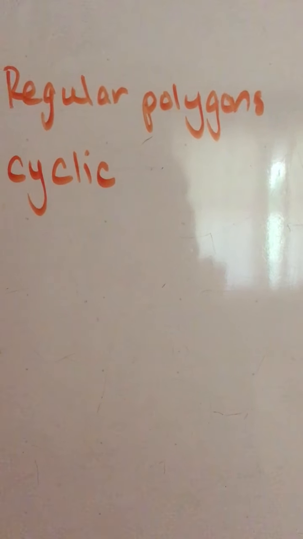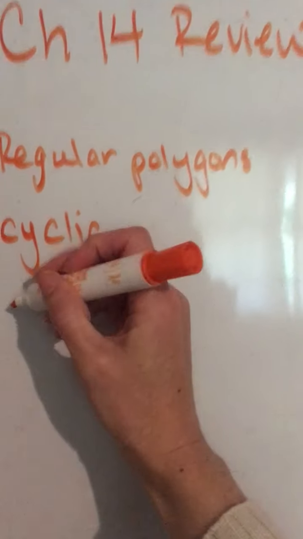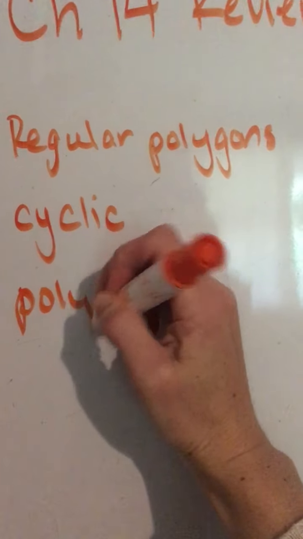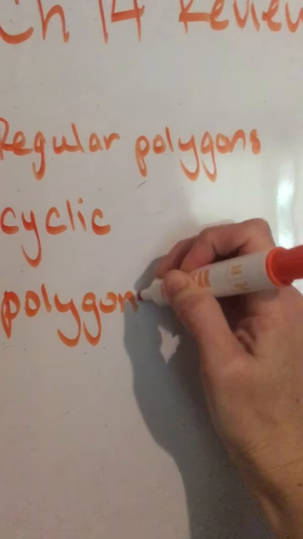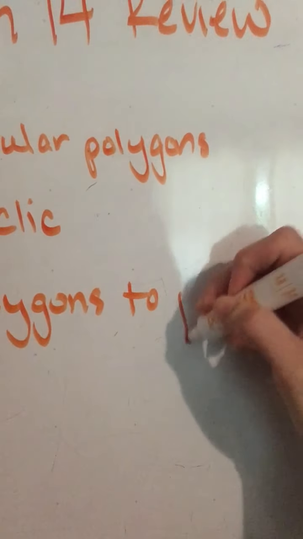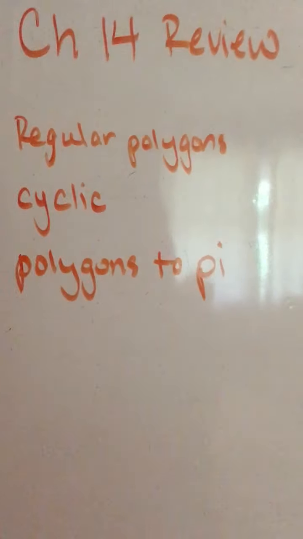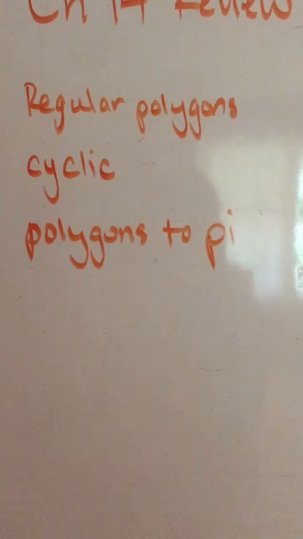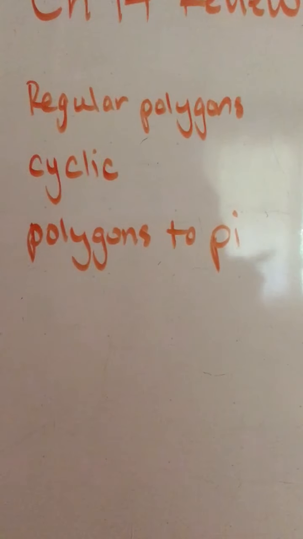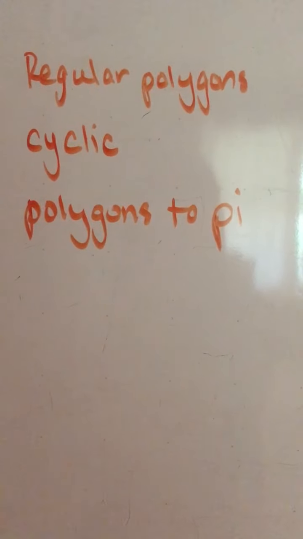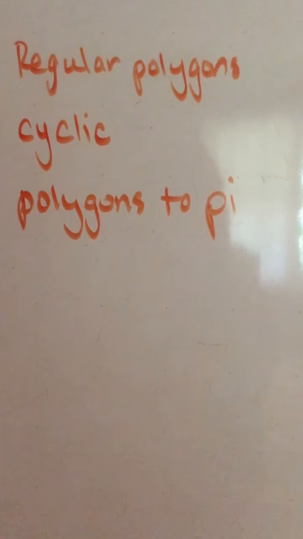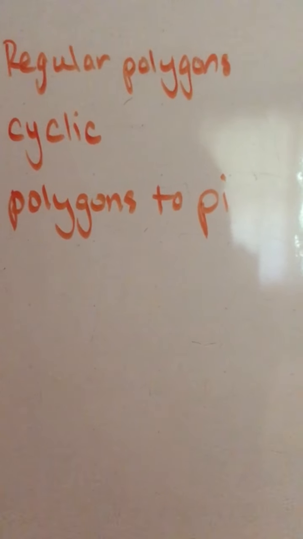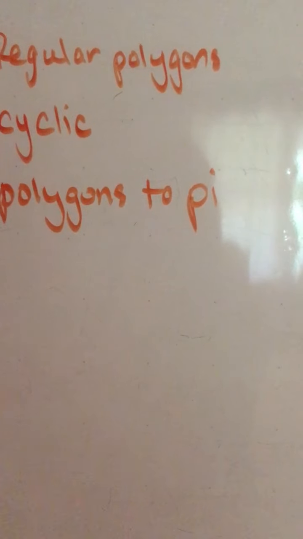And then I want you to know how we go from polygons to pi. That was one of the big concepts that we talked about in the previous videos and throughout these lessons: geometers like Archimedes used polygons to help them come up with area formulas for circles.